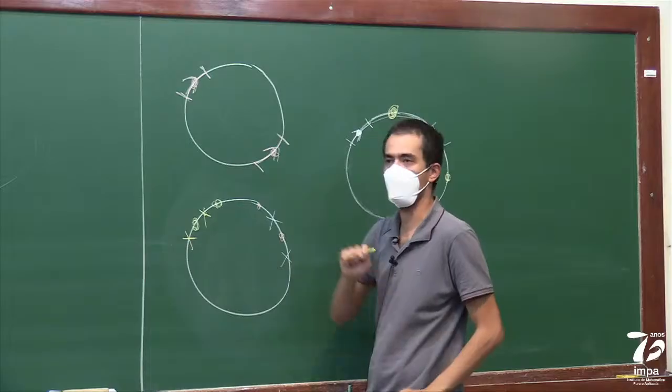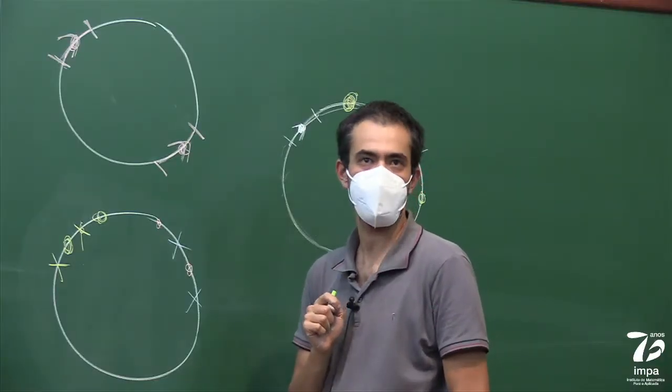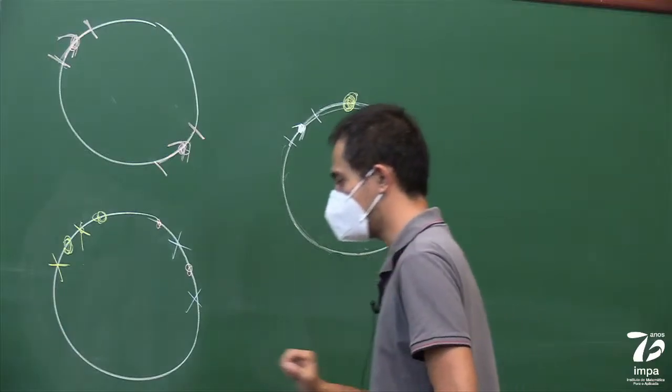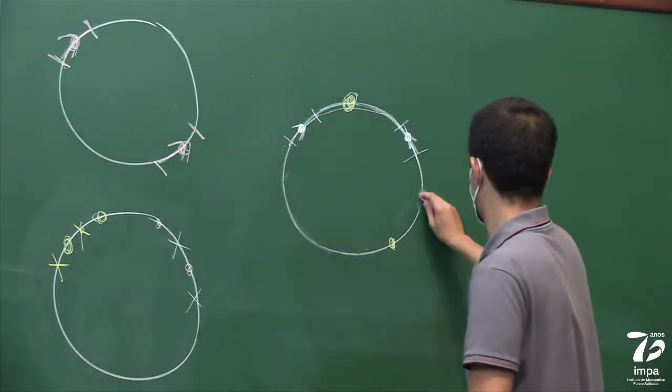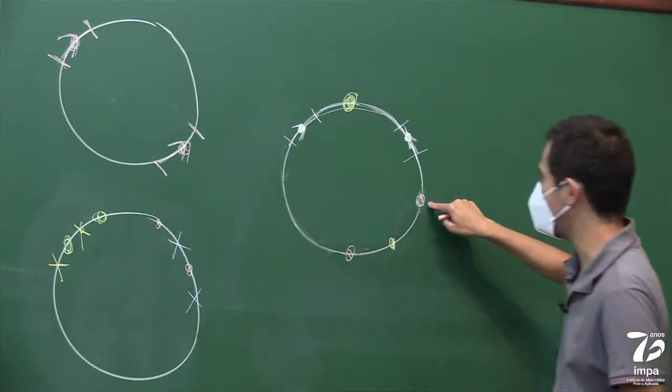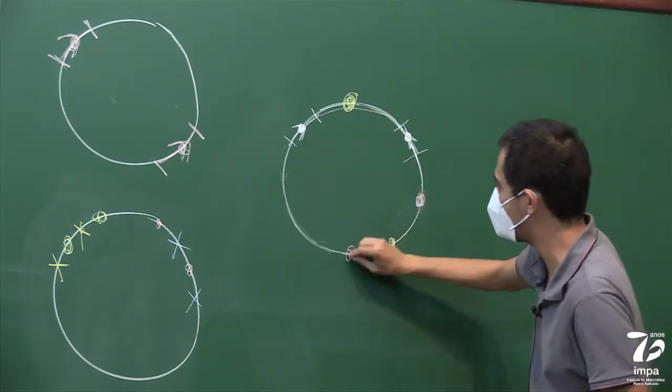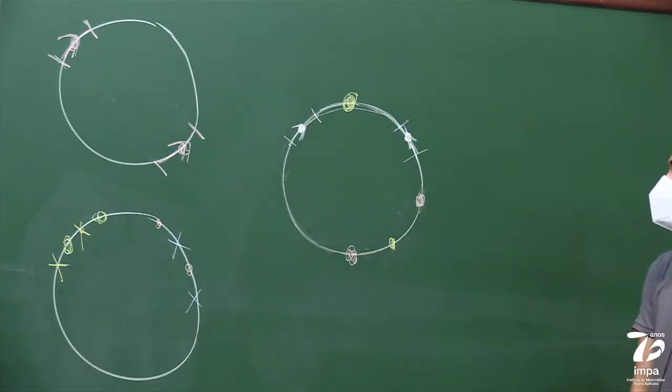I have something kind of in the middle here, bothering me, right? Maybe I should use another color because green and yellow are very similar. Maybe pink. So say that I have something in the way. I'm attaching my yellow handle like this, and I have some pink guy in the way. So then how do I deal with it?